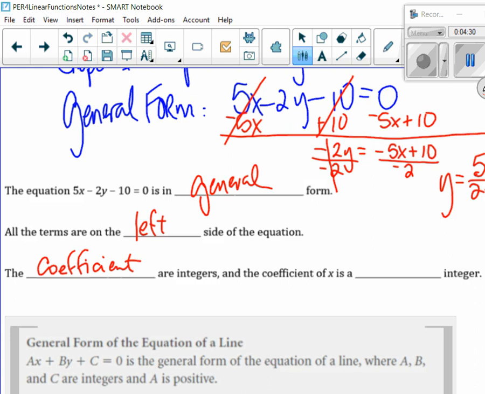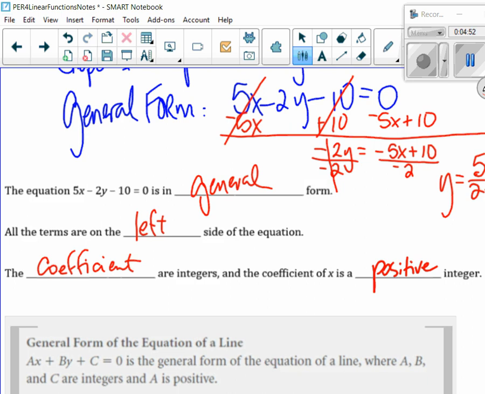Yeah, are integers, and the coefficient of x is a positive integer. So it has to be in a certain order. It has to go: some number times x plus some number times y plus the number by itself equals 0. And all a, b, and c have to be integers, and a has to be positive.